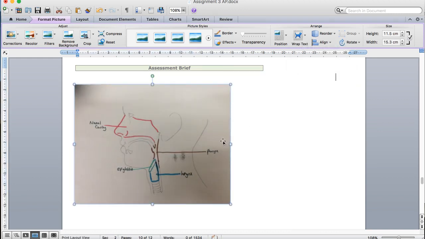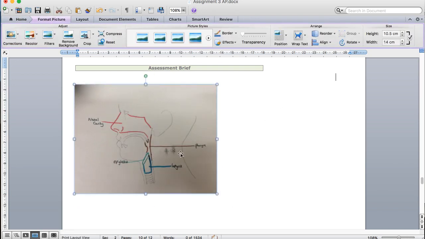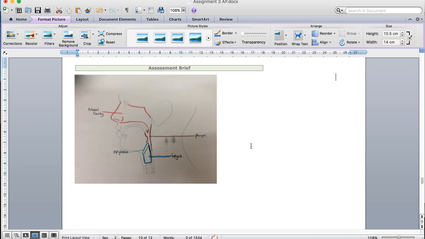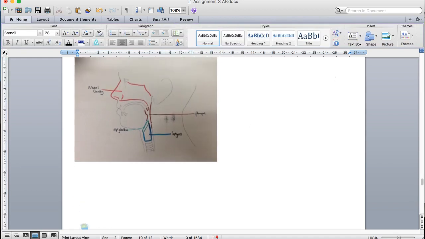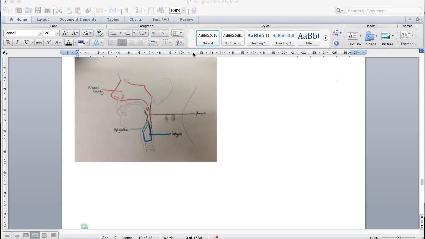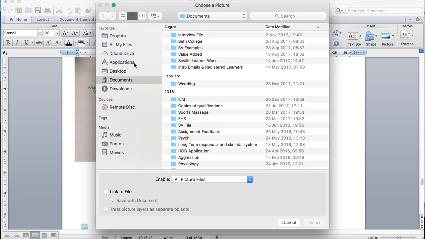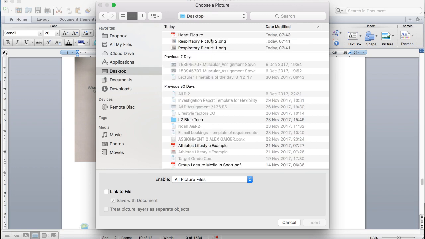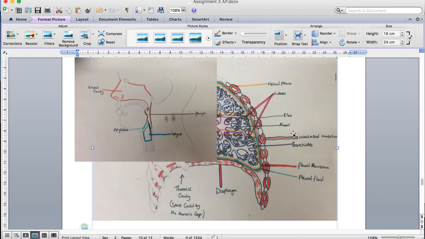And I need to make it big enough so I can see it, obviously, to be able to mark it. So that's not too bad, I can see that. And then I probably need the other one in. And I'll take my picture 2, and I'll put that in there.